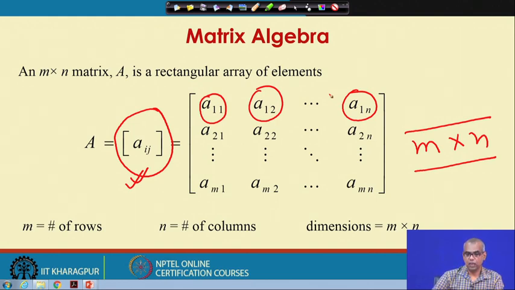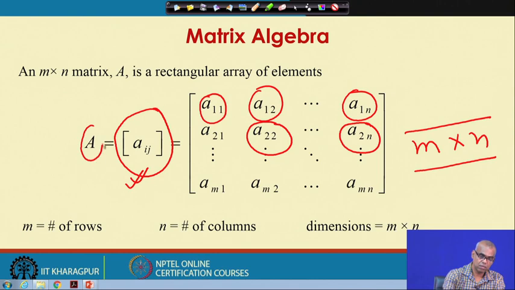So, a_22 is the element in the second row, second column, a_2n is the element in the second row, nth column, and so on and so forth. Normally, we will express a matrix by this capital letter, or also by a small letter with subscript ij within square brackets.